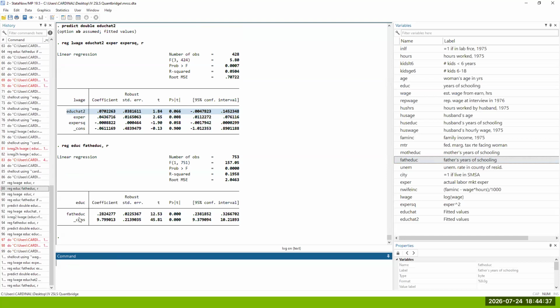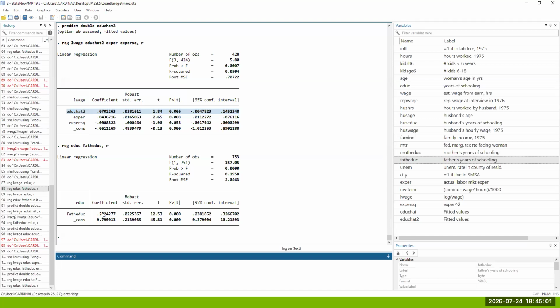If the father attends school for an additional year, it would also influence the child to also attend school by 0.2824. So the relevance assumption in this situation has been satisfied. Is that okay for now, Jerry?